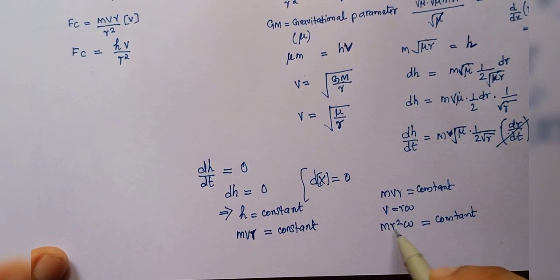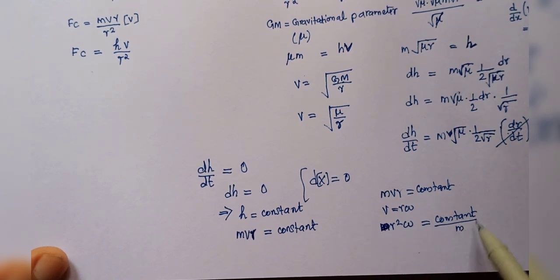So if you take this into the denominator side, again you are going to get a constant term. So ultimately we end up with omega into r square is going to be a constant. Okay, omega into r square is going to be a constant. So that means your h by m is actually a constant. That means the specific angular momentum is going to be a constant.